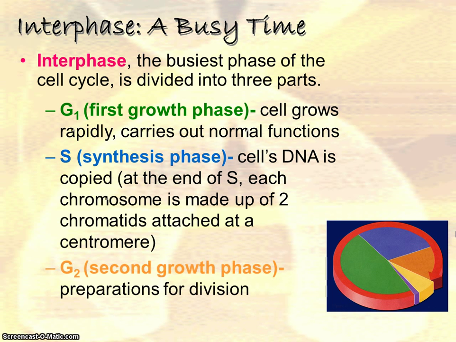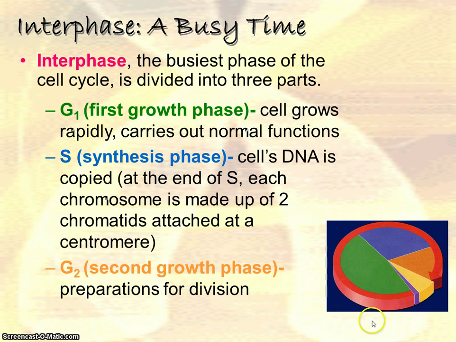And then the third part of interphase is going to be the second growth phase. This is where the cell is getting itself ready for cell division. It's prepping itself. It's moving things around. It's doing what it needs to do to make sure that everything is in the right place before it divides. This is the second growth phase. So you have the G1, the S, and the G2 phases in interphase.